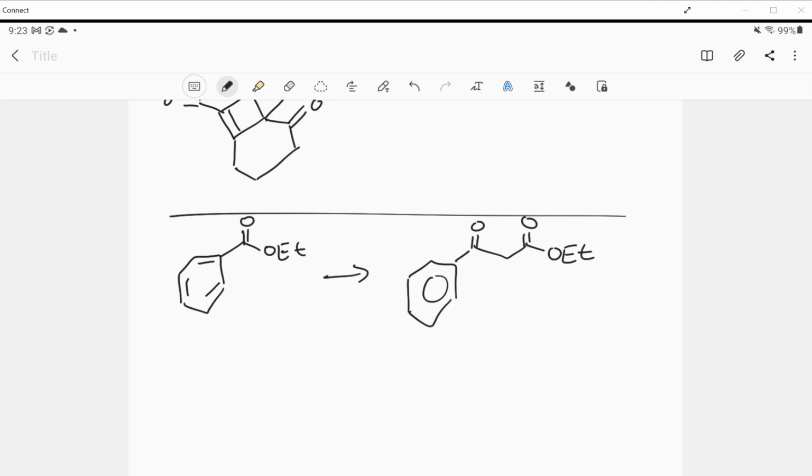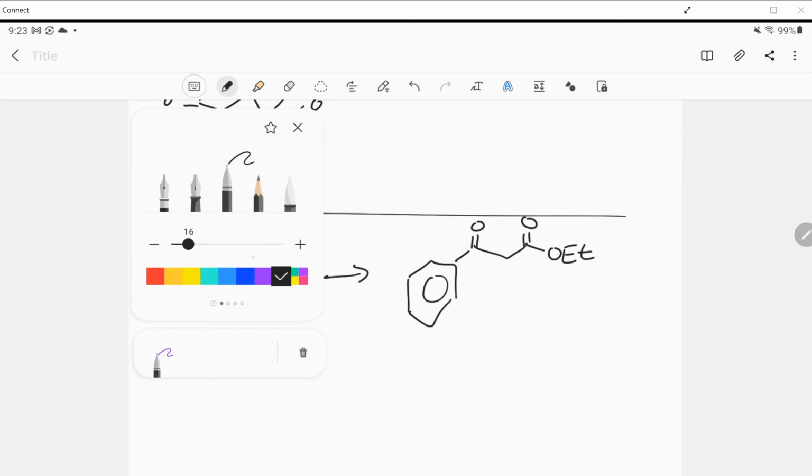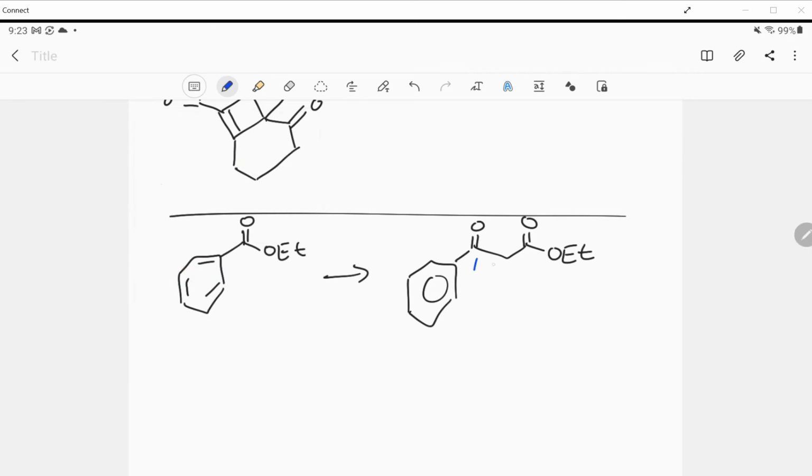So this product is a 1,3 type of functional compound. It's got a functional group at carbon 1 and a functional group at carbon 3. Remember that a 1,3 product is something from an aldol or a claisen, right? Or any of those other variants that we talked about.